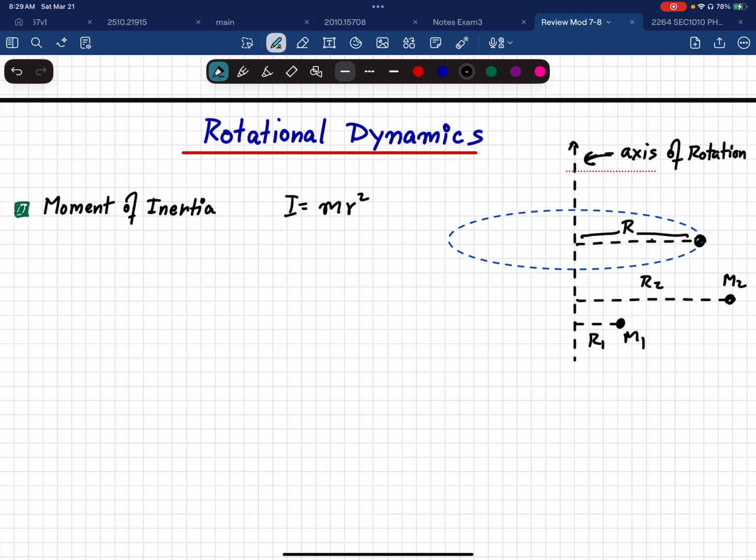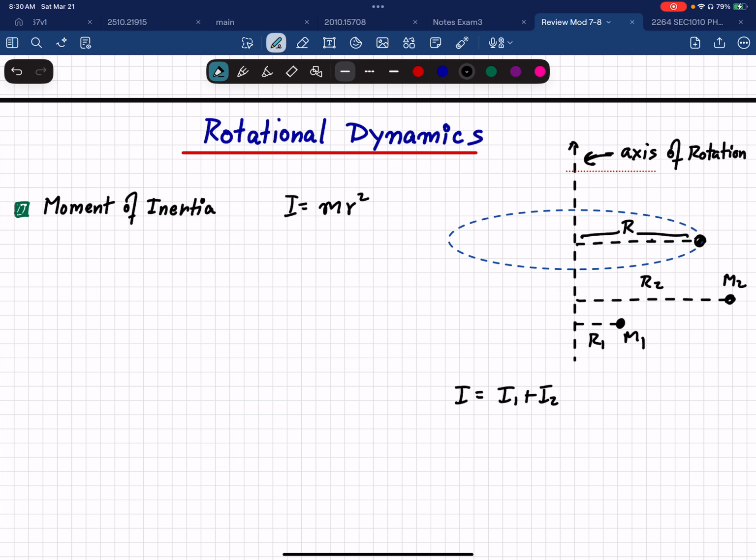So the total moment of inertia of the system is obtained when you add up the individual moments of inertia. Okay. Now this is basically when you have two or three more discrete objects and you add up the moment of inertia.